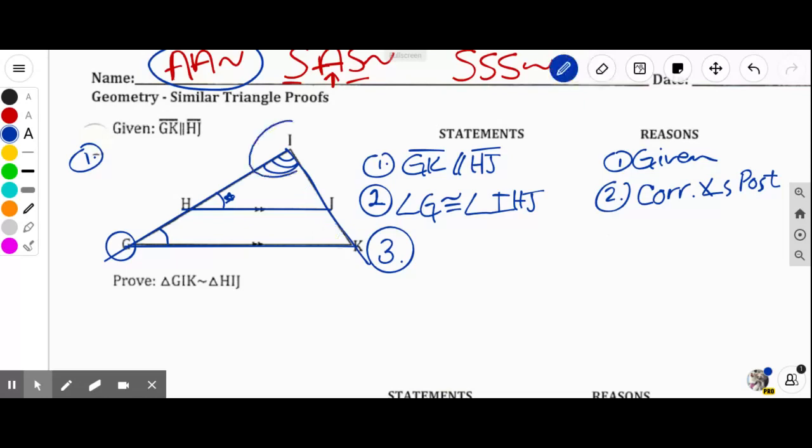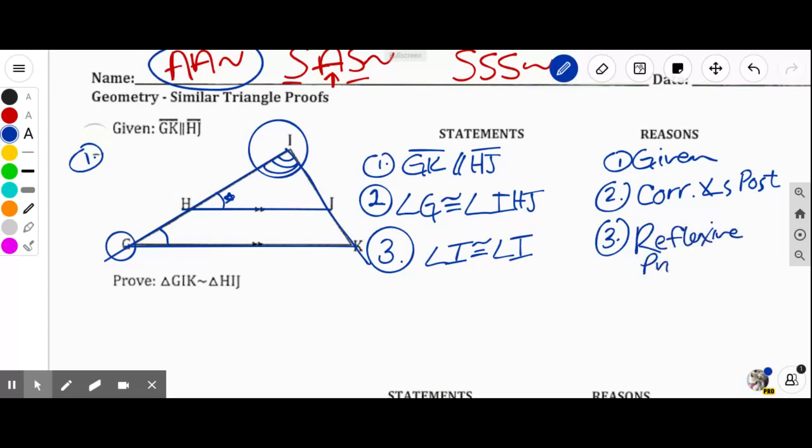Next, I'm going to do I congruent to I. So angle I is congruent to angle I, and that's reflexive. You can do reflexive with angles just like you can with shared sides. That's the reflexive property of equality.